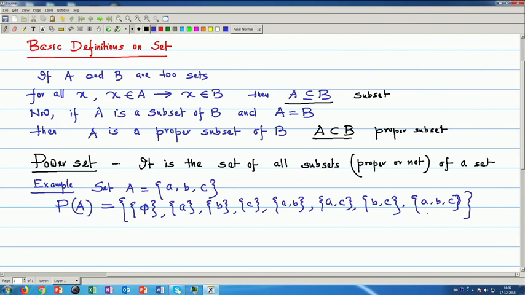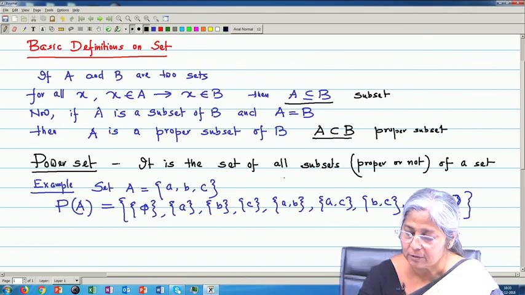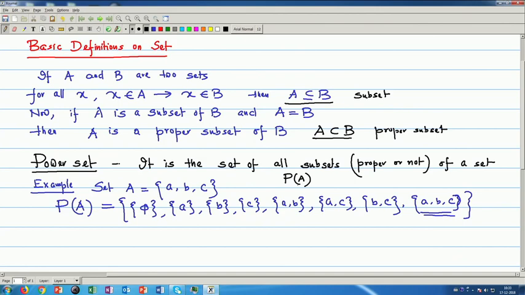These are all the possible subsets of the set, and other than ABC, all are proper subsets of A. Only the subset ABC is equal to A. So, this is my power set, and normally we denote it as P of A. Now, what is the cardinality of the power set?